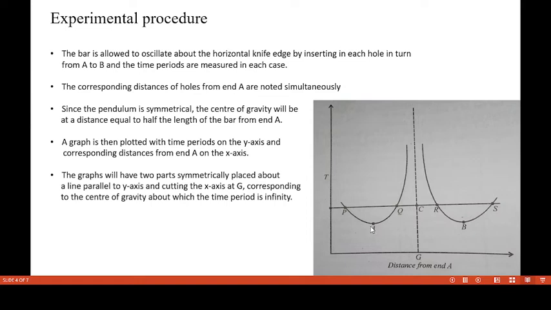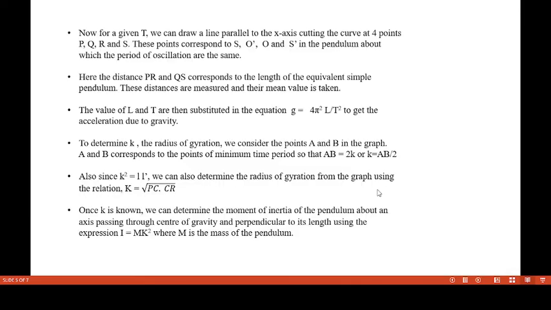And again, the distance from G to B also corresponds to the same minimum time period, and the total distance AB can be written as 2k, because half the distance gives the value of k and the total distance gives 2k, and from that we can determine the value of k.